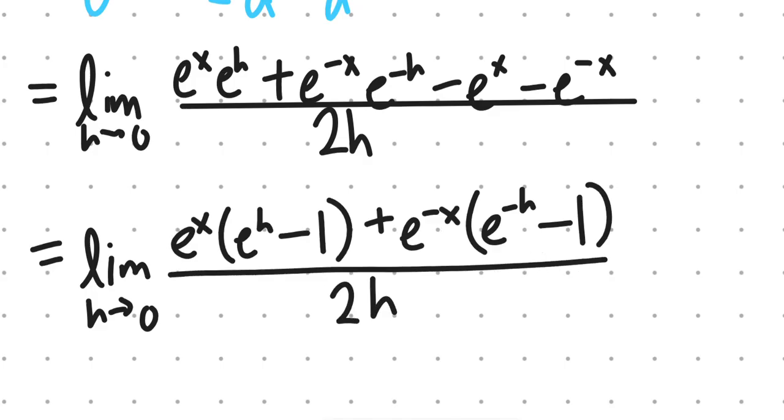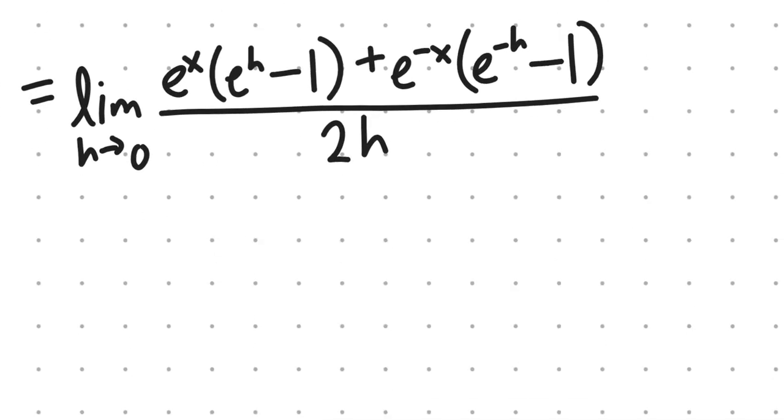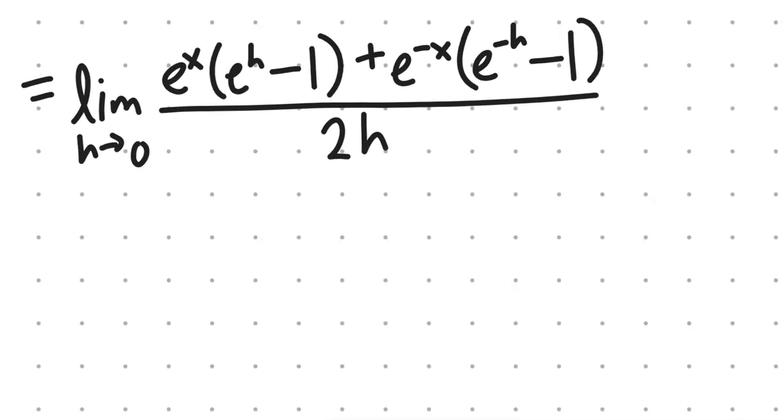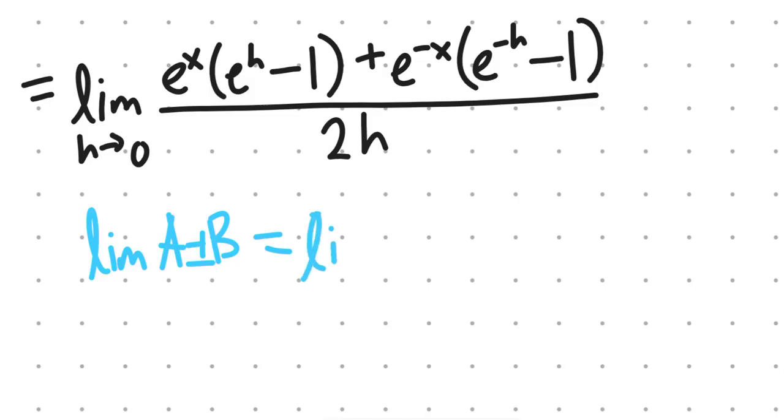Now we have a plus in the middle, so we can split this up into two fractions and then take the limit of each of them, using the limit rule stating that the limit of a plus or minus b is equal to the limit of a plus or minus the limit of b.